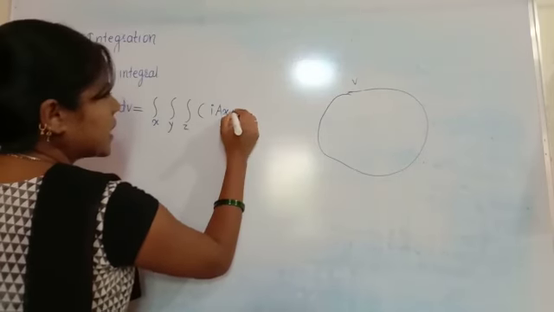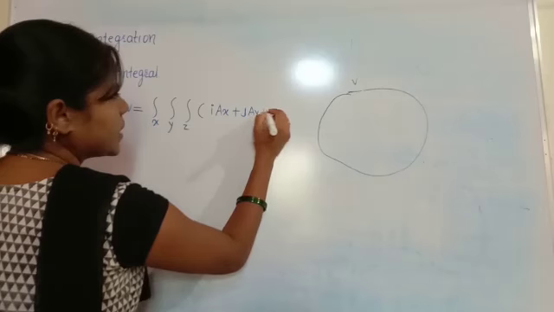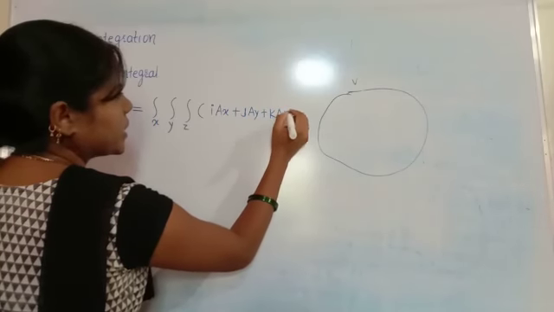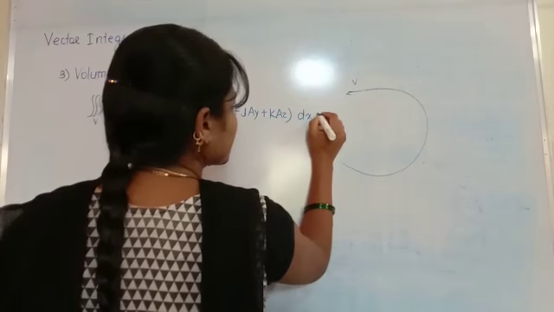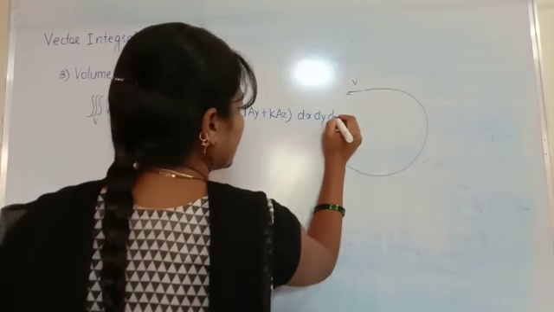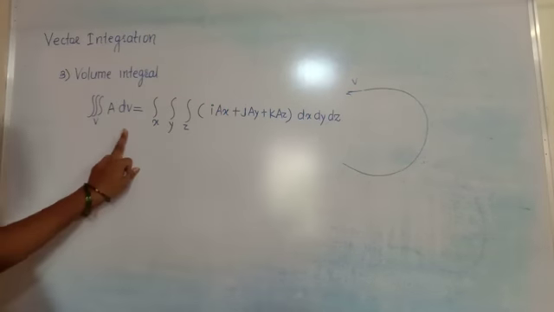So the integral of (i Ax plus j Ay plus k Az) dx dy dz is what we call the volume integral of A over the volume V.